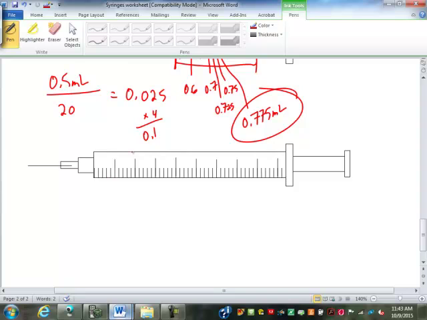One last one. Tell me what that dosage is.